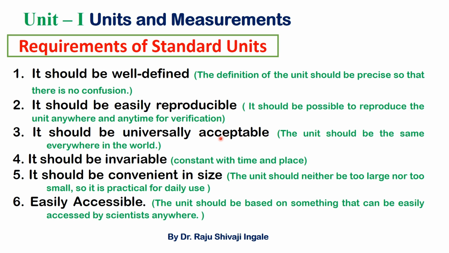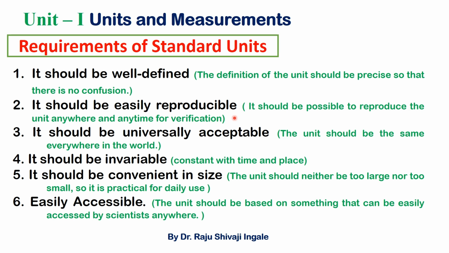So a unit should be invariable, constant with time and place. Fifth, it should be convenient in size. That means the chosen unit should be of a practical size. It should be neither too large nor too small for daily use.